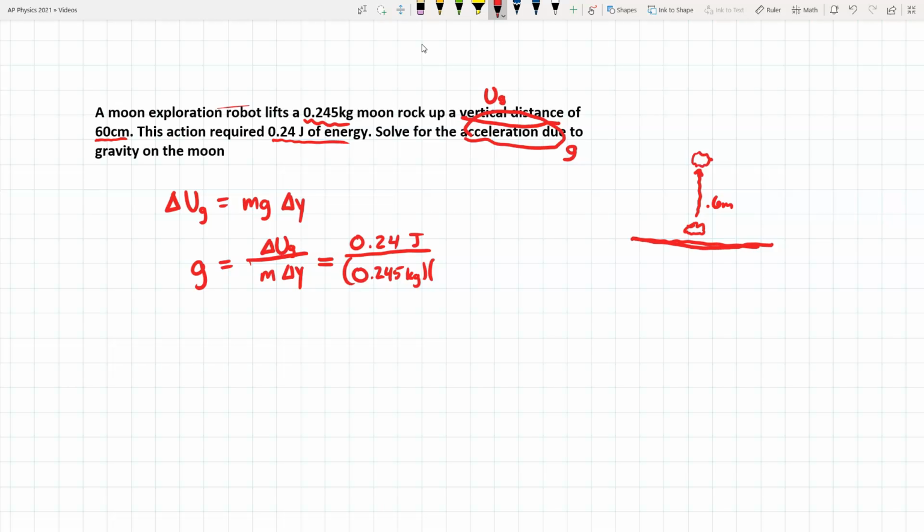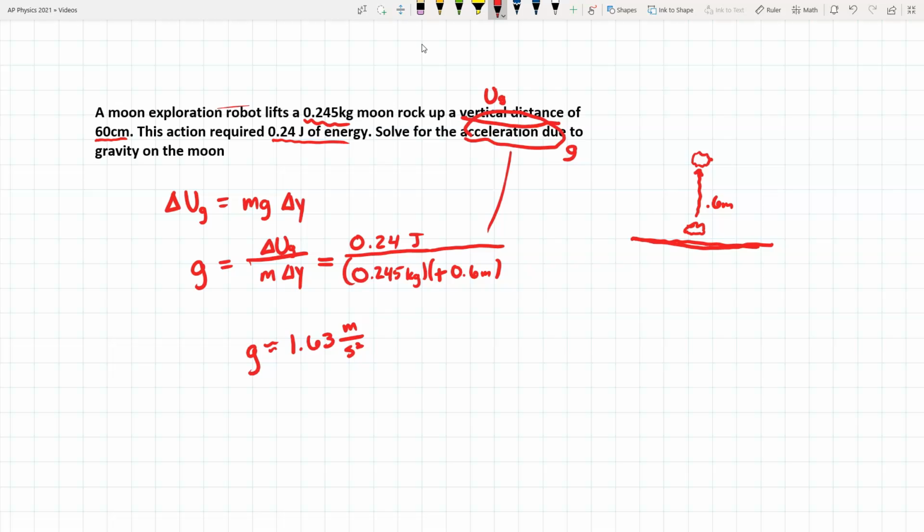Now we just plug that in: 0.24 joules, 0.24 divided by 0.245 times 0.6, 1.63. So g is about 1.63 in a joule divided by a kilogram meter. We're doing g in acceleration, so we should be meters per second squared.